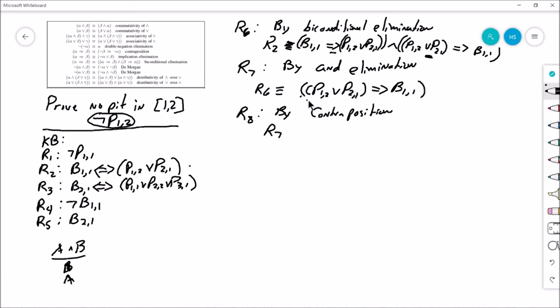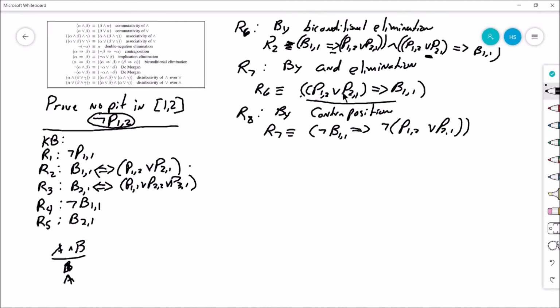That sentence R7 is logically equivalent to me flipping that around, so not B11 implying not P12 or P21.